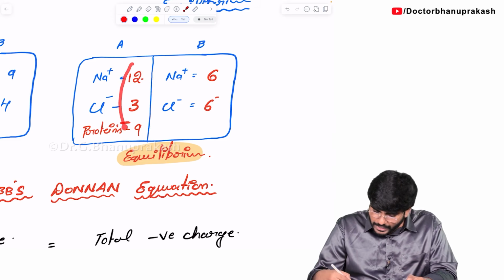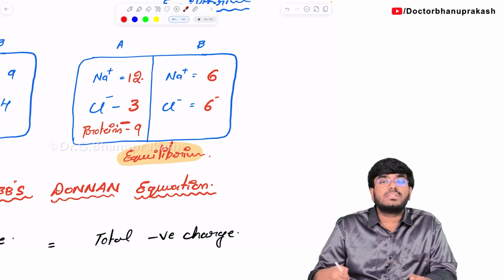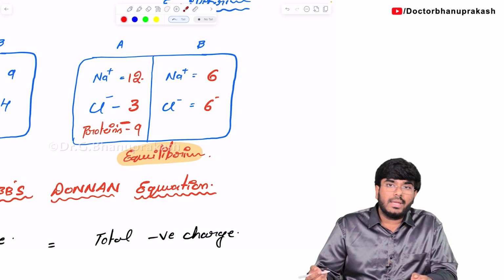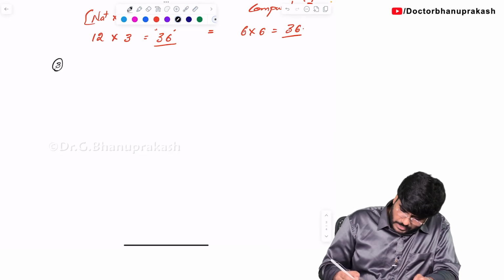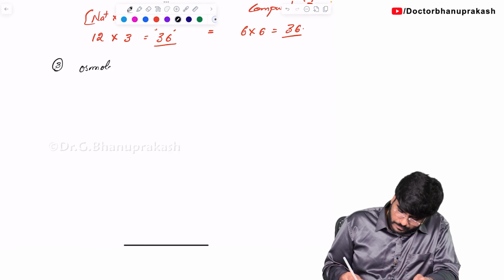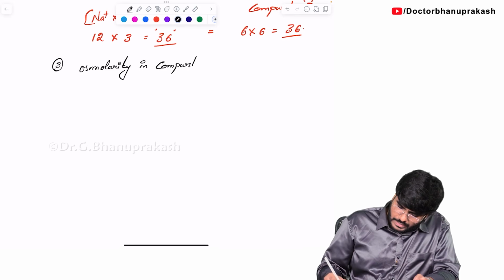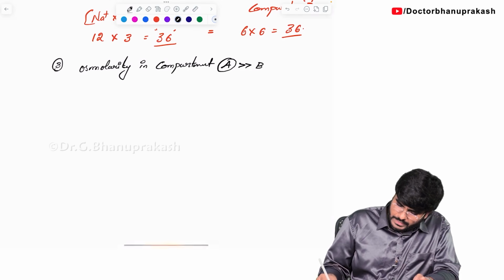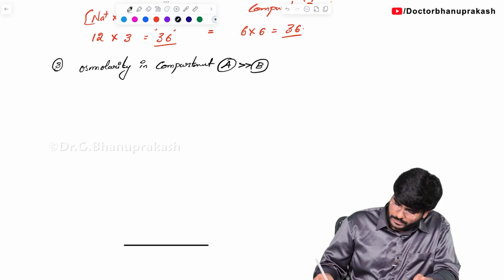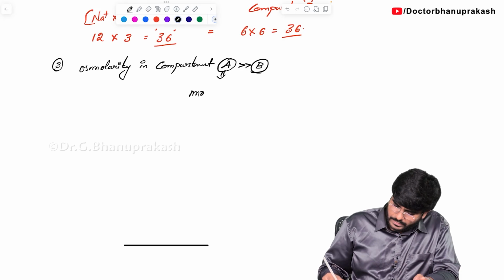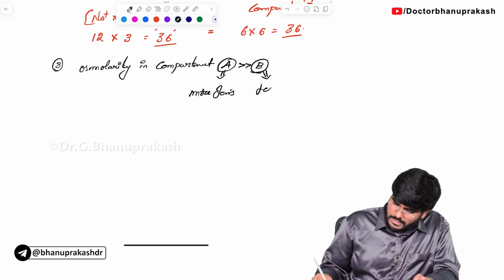So definitely compartment number A has more ions and more osmolarity. Osmolarity in compartment A is greater than B, because A has more ions and B has fewer ions.